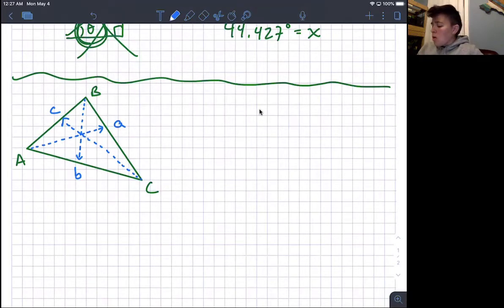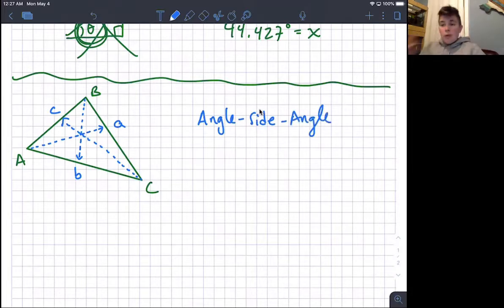Now, for the law of sines, there are 3 cases that we can use the law of sines for. Those 3 cases are if we know an angle, a side, and an angle. So if we know 2 angles and the side between them, we can use the law of sines.